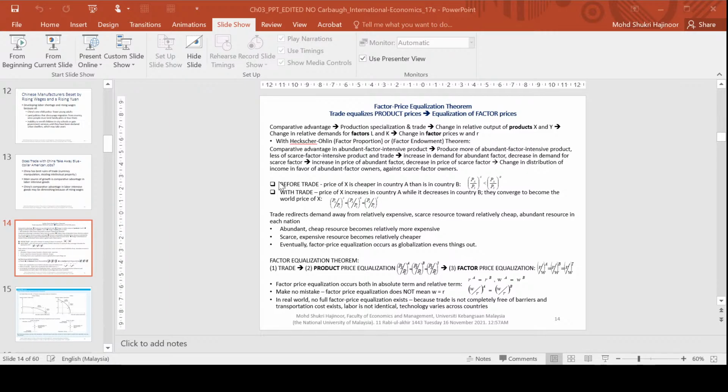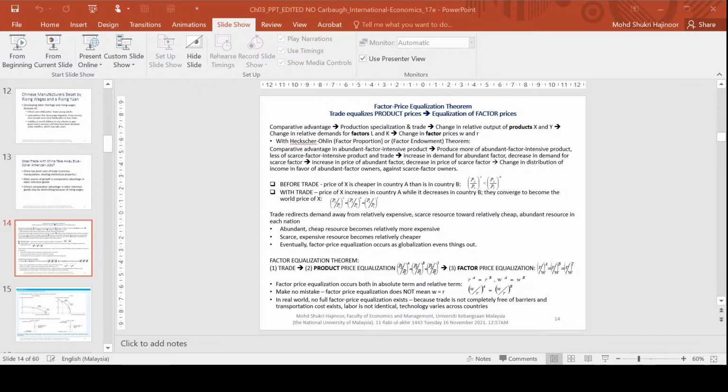Because of trade, the price of computers relative to shirts in Ghana will be the same as the price of computers relative to shirts in United States. It will be the same relative price of computers compared to shirts in New Zealand.